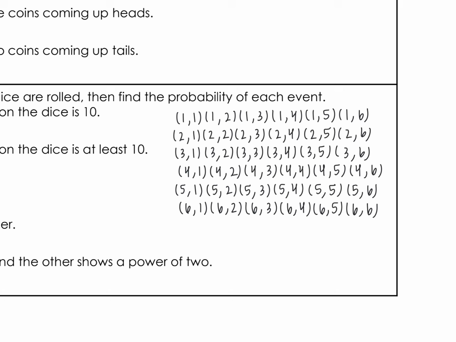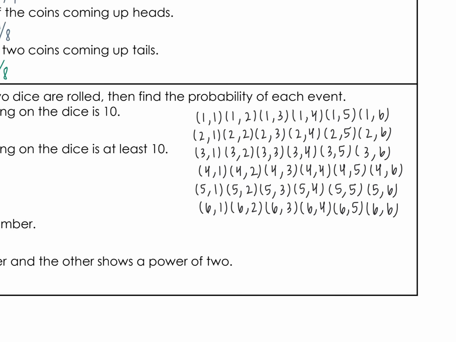So we'll start off with our first one being that 4, 6. Then we could also do 5, 5. And we could also do the 4 and the 6 again, but where the 6 is first and the 4 is second. So I'm going to write them out to help you see which ones I'm using.